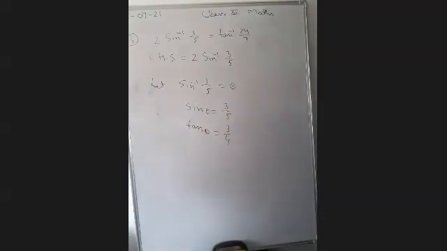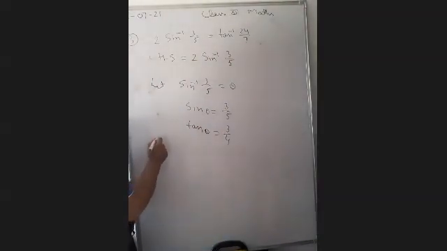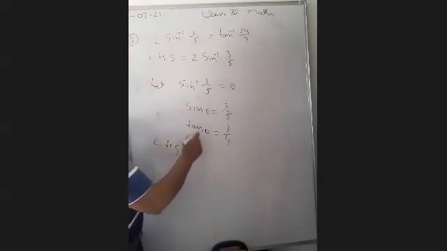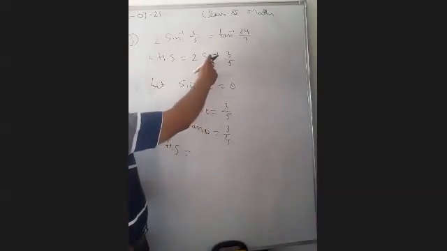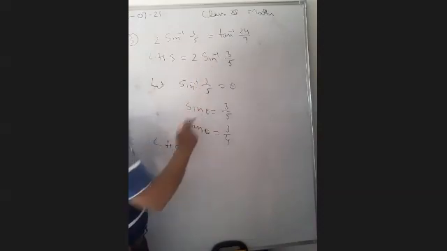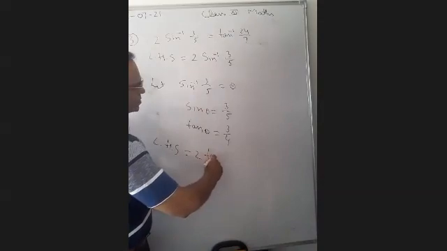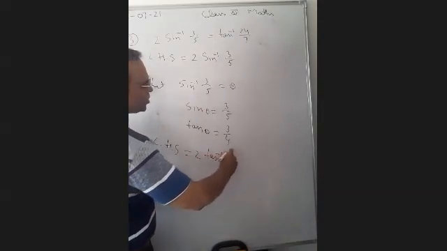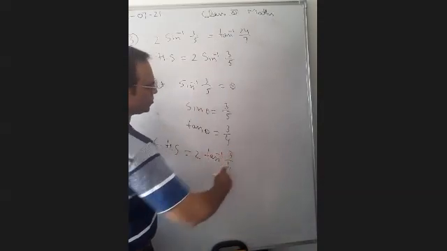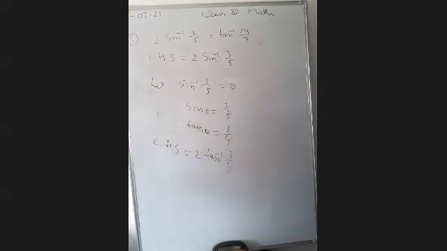So the left hand side we can write as 2 tan inverse 3/4, if we want to convert sin inverse into tan inverse. So the left hand side we have converted from sin inverse into tan inverse.